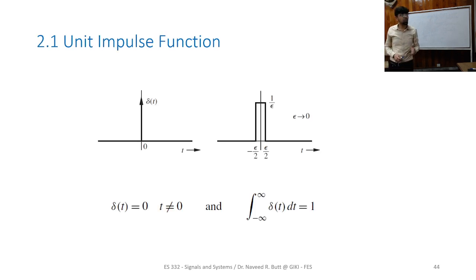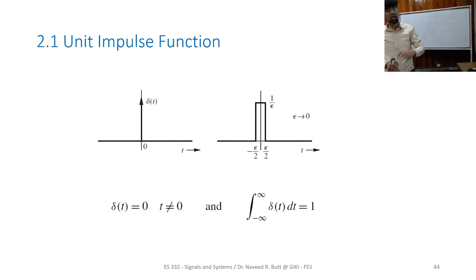Our old friend, we have already discussed it, so I'll just summarize it here. Unit impulse function, again, these all I am writing in the continuous time. So discrete time I'll write them later, they are analogous. So here, it is defined by its two properties, which is that at t not equal to 0, it is 0, yeah.